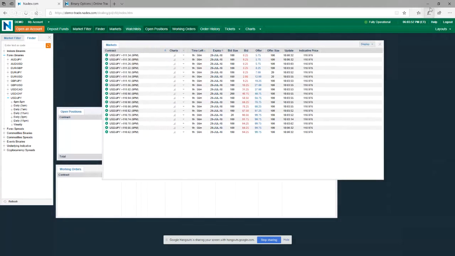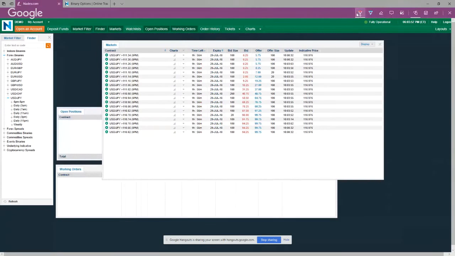Okay. Number one, you have a strike price. And over on the right-hand side, you can see that there is, in this case, USD JPY greater than 110.62 by 8 p.m. This is what is referred to as your strike statement. Okay.